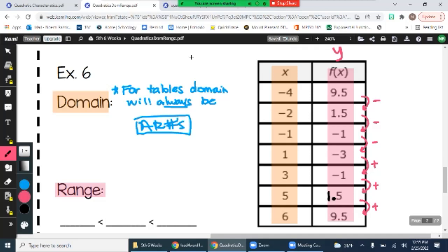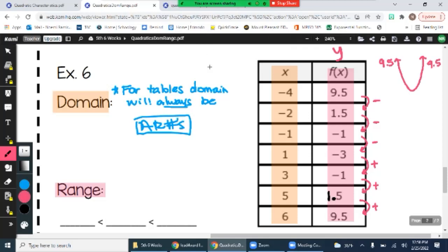So we're going to sketch this parabola. We read it from left to right, from top to bottom. At 9.5, I'm going to start my parabola. It starts to go which direction? Down, and then it ends up going back up to 9.5.